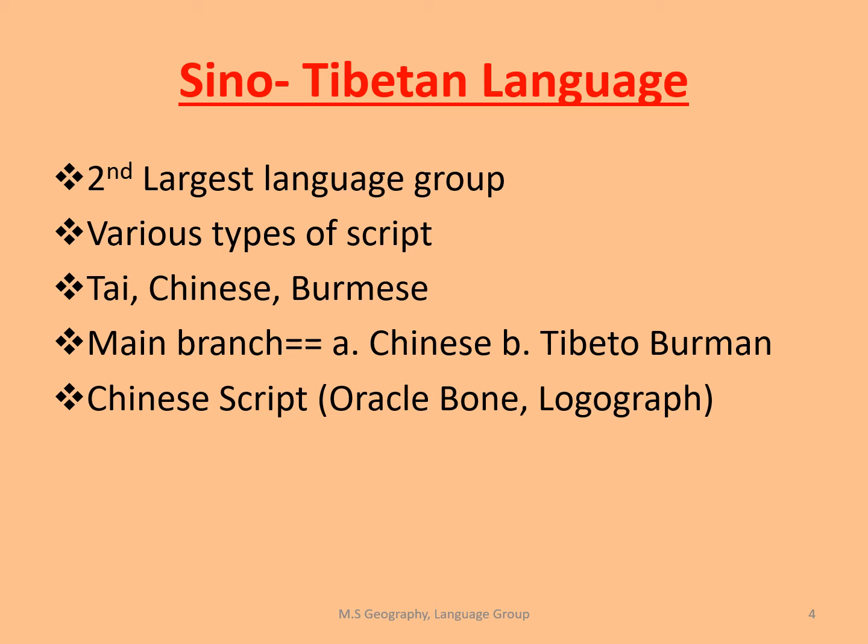For example, to write down the word sun or the word tree, we use the symbol of a tree or the symbol of a sun. So the use of a symbol to express the language as a script is known as logograph. Chinese script, rather Sino-Tibetan script, is very similar to oracle bone and the logograph.